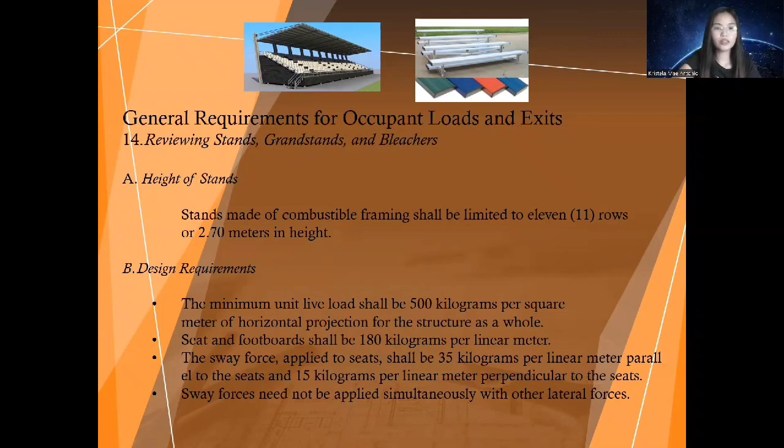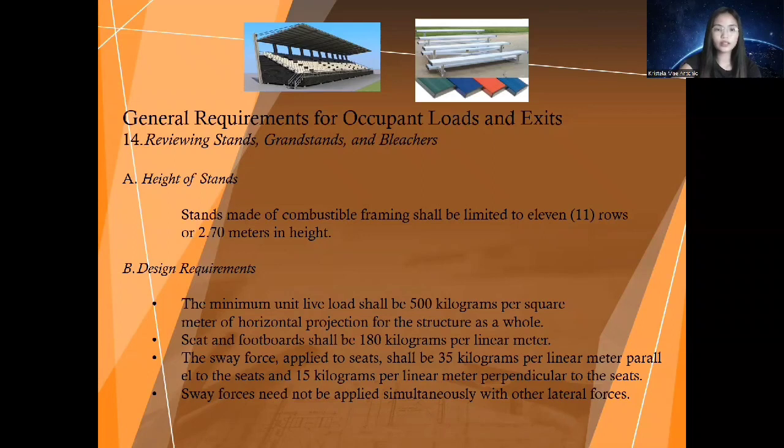The minimum unit live load shall be 500 kilograms per square meter of horizontal projection for the structure as a whole. So, ang minimum unit live load sa isa ka stand is 500 kilograms. Next is the seat and footboard shall be 180 kilograms per linear meter.